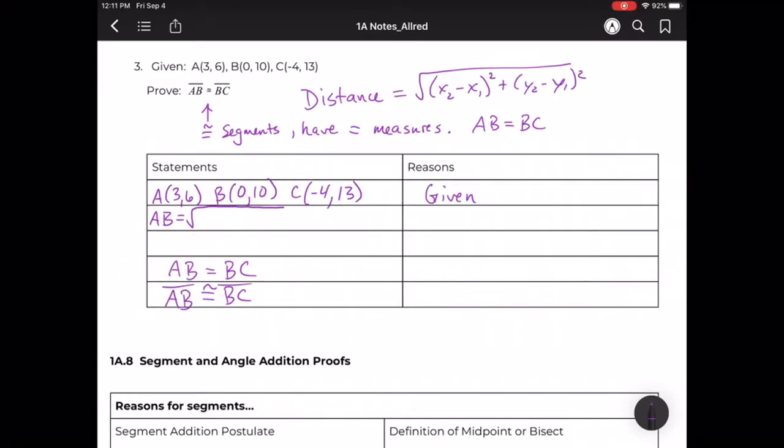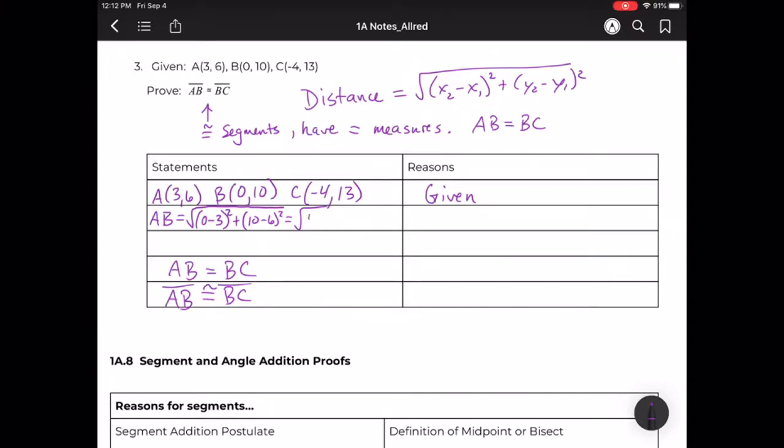So if I start filling in coordinates for A, B, x2 would be 0 minus 3 for x1 squared, plus, for the y's, I would have to do 10 minus 6 and square that. And I'm going to kind of continue my work here. I have to write kind of small, but I'm going to simplify this. Negative 3, or 0 minus 3 is negative 3.